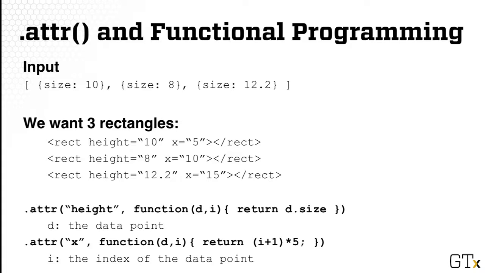We're already showing you in the middle what we're going to get. We have 3 bars, and the heights are based on our data points. What we'll do here is define the function return d.size. That is a way for us to pull out the size attribute from our input data and assign that to the height of the bar.